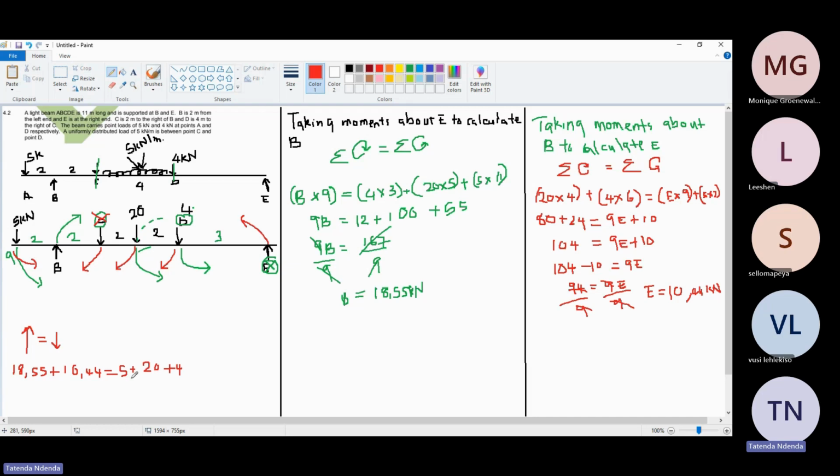So here we have 25, this gives us 29. Are we getting 29 on the other side? Yes, 29 on the other side. All right, so this is balancing.